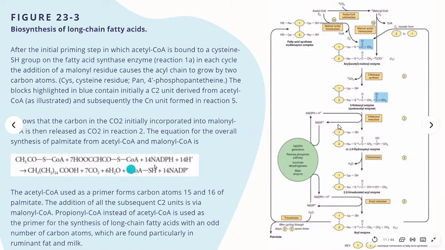And you will notice there are 14 NADPH that are used. 7 carbon dioxides. So which means you have to make 7 turns. So 7 turns is only 14, right?